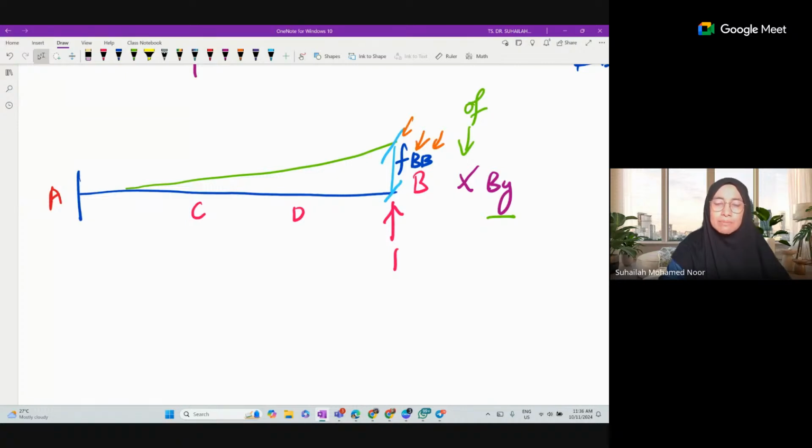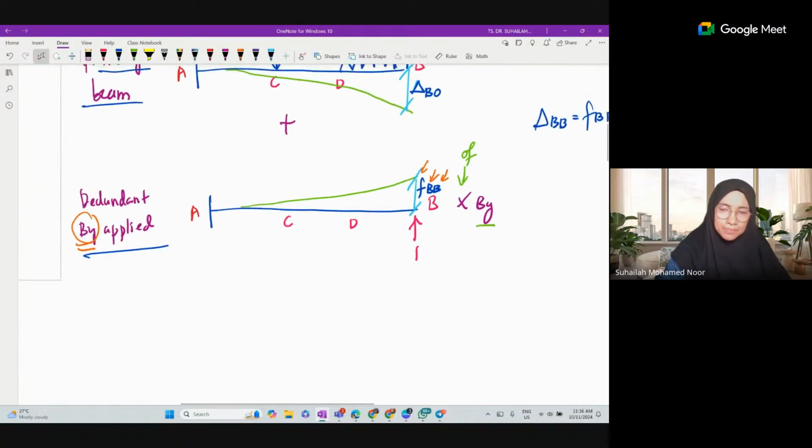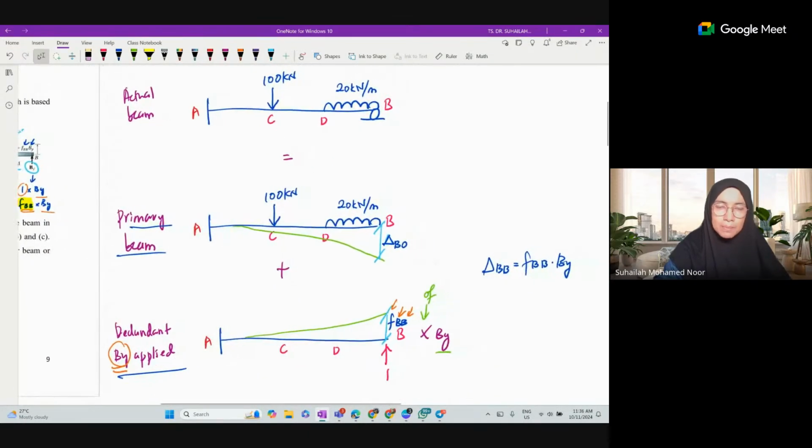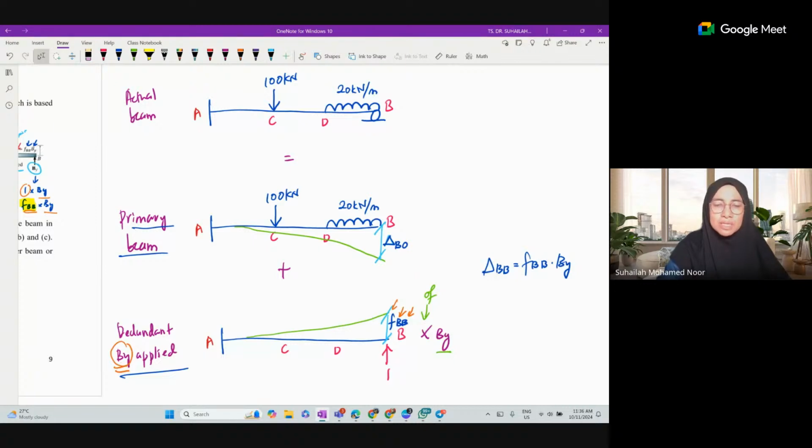So this is how the cantilever beam, the redundant beam, looks like. Okay, so this fulfills the principle of superposition. A diagram like this is in the module. I have drawn every single thing exactly like this. Okay, actual beam, the indeterminate beam given in the question.